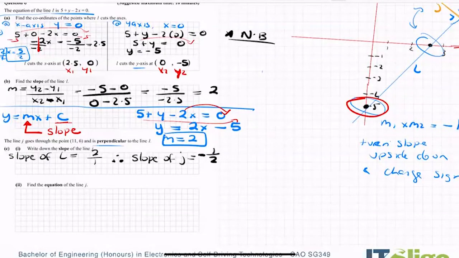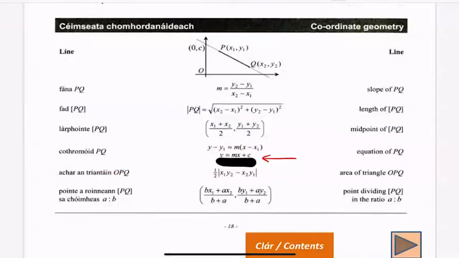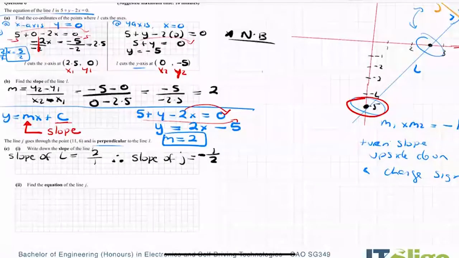And typically then you're asked to find the equation of that perpendicular line. They might not be so nice as to break this out into a separate question. They could go straight from this line of text down to find the equation of J. You still have to do this first. To find the equation of a line, remember y = mx + c is when they give us an equation, but to find an equation, it's y minus y1 equals m times (x minus x1).